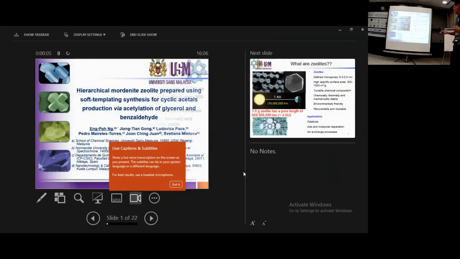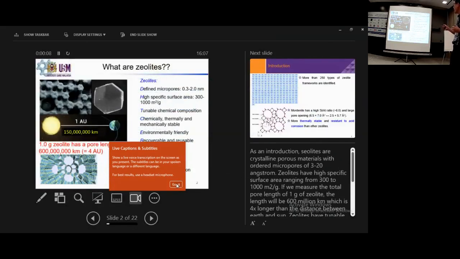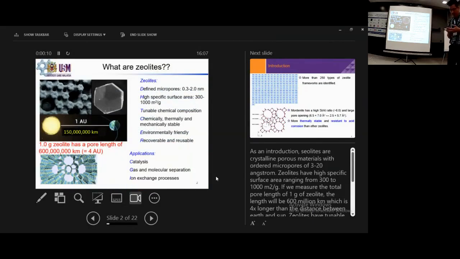As an introduction, what are zeolites? Probably you might not know. Zeolites are crystalline porous material made up of aluminum silicate, and they have defined micropores ranging from 0.3 to 2 nanometers. Usually zeolites have a high specific surface area between 300 to 1,000 square meters per gram.